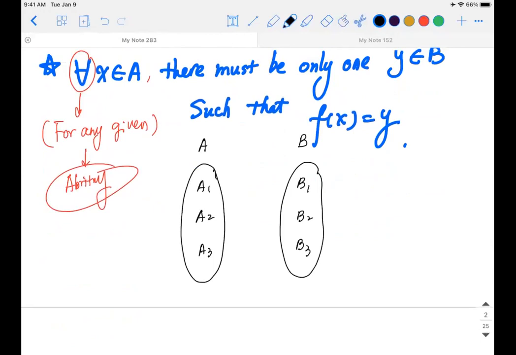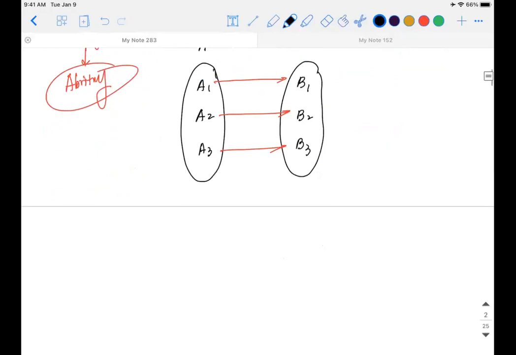There are different kinds of relationships for such a mapping. Sometimes you have one item from A going to one item from B, another item from A going to another item from B. This is quite understandable. This is one way.